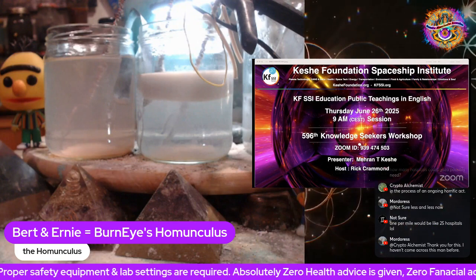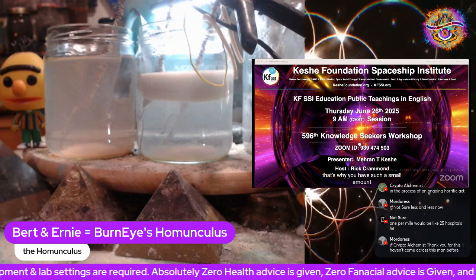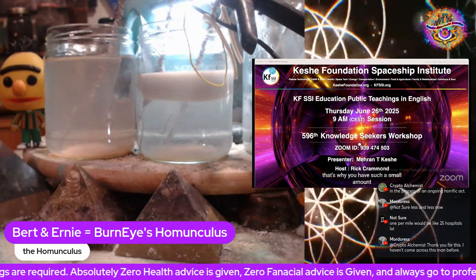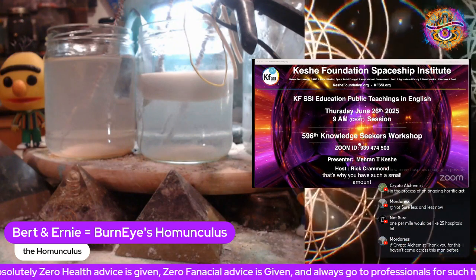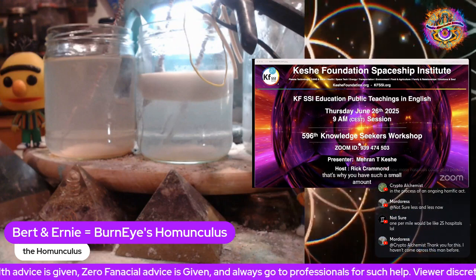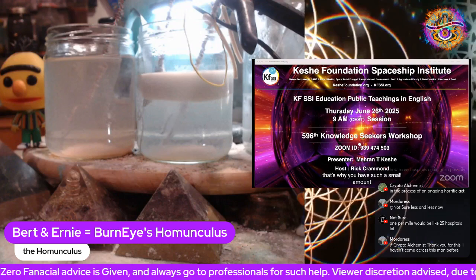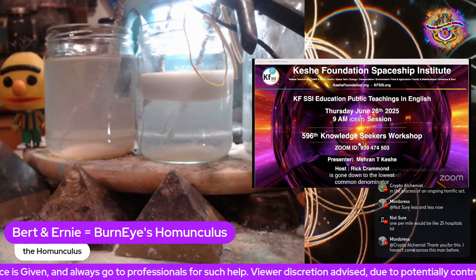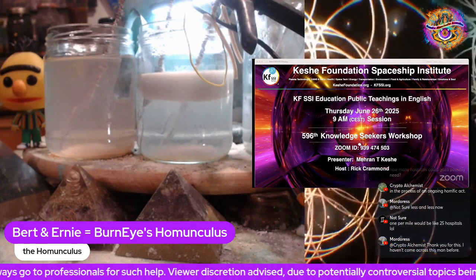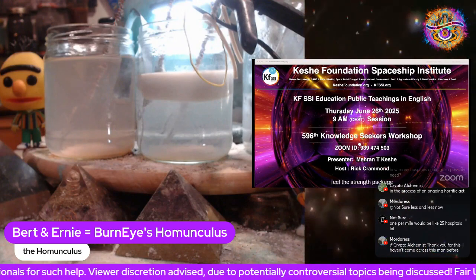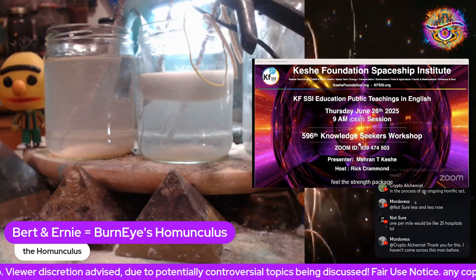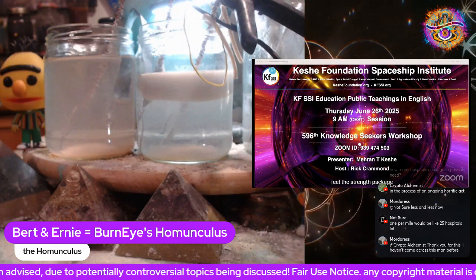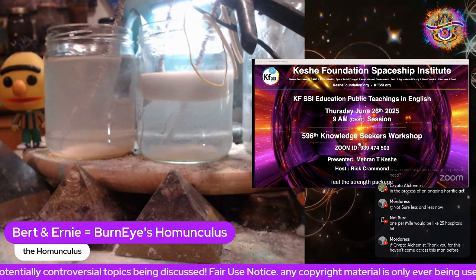That's why you have such a small amount of a galaxy. It's gone down to the lowest common denominator, field strength, or through nuclear decay.